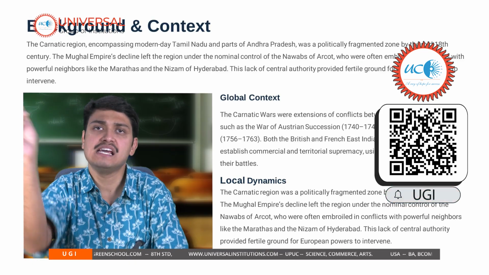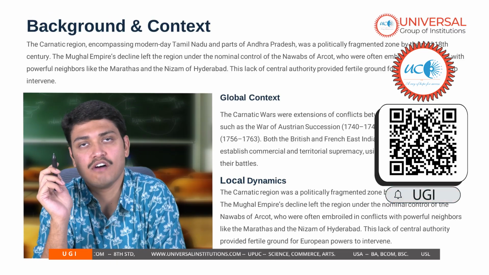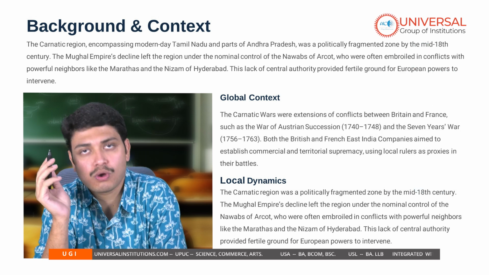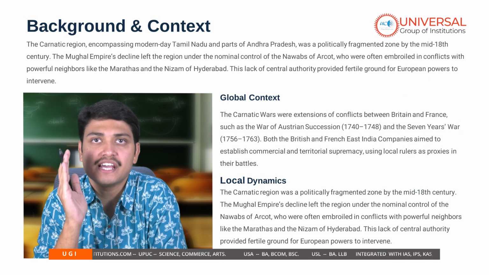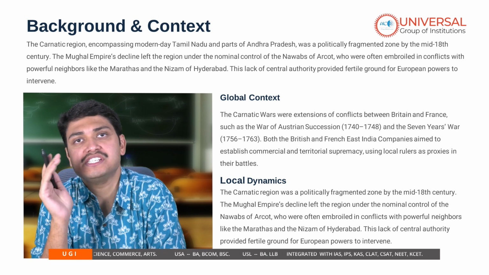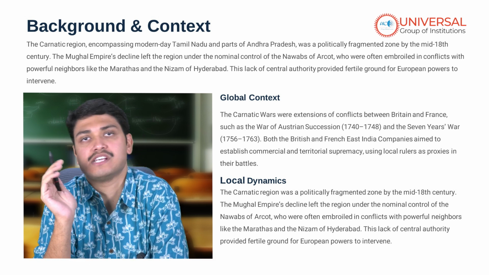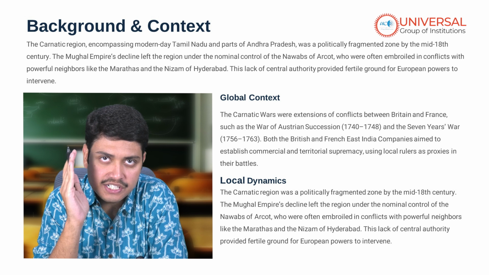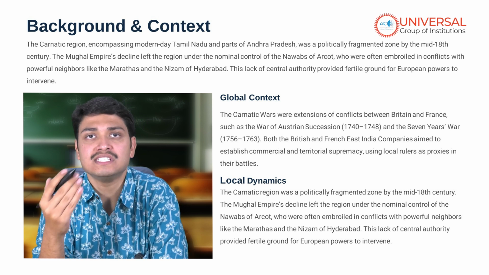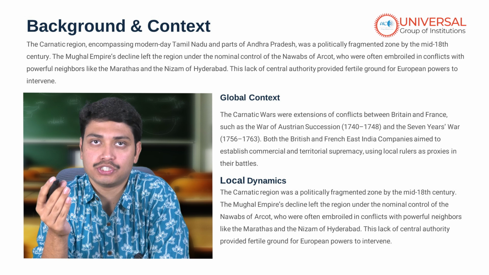As we can see in the first slide of our discussion, to understand the background and context, we first have to acknowledge that when the British and French East India Companies arrived in South Asia, their primary intention was trading, and gradually they moved towards imperial expansion.